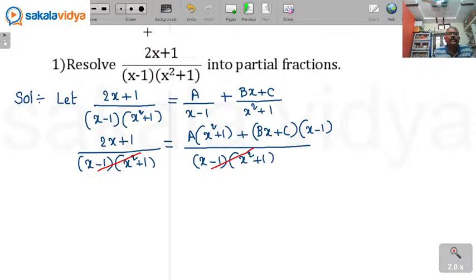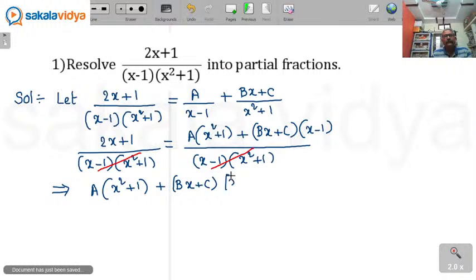Right. So now we get like this: a times x square plus 1 plus (bx plus c) times (x minus 1) equals to 2x plus 1, we can write.